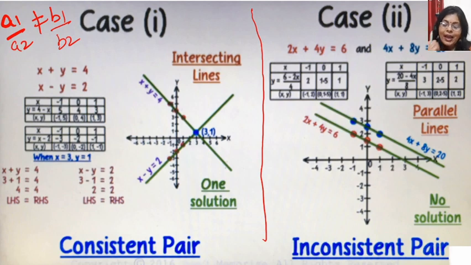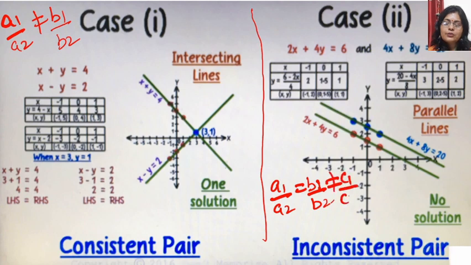That is, they are a consistent pair. Now, in the second case, what have we seen? That if the condition is a1 upon a2 is equal to b1 upon b2 is not equal to c1 upon c2, then the lines will be parallel and will not have any solution. These are the two cases which we have discussed right now.